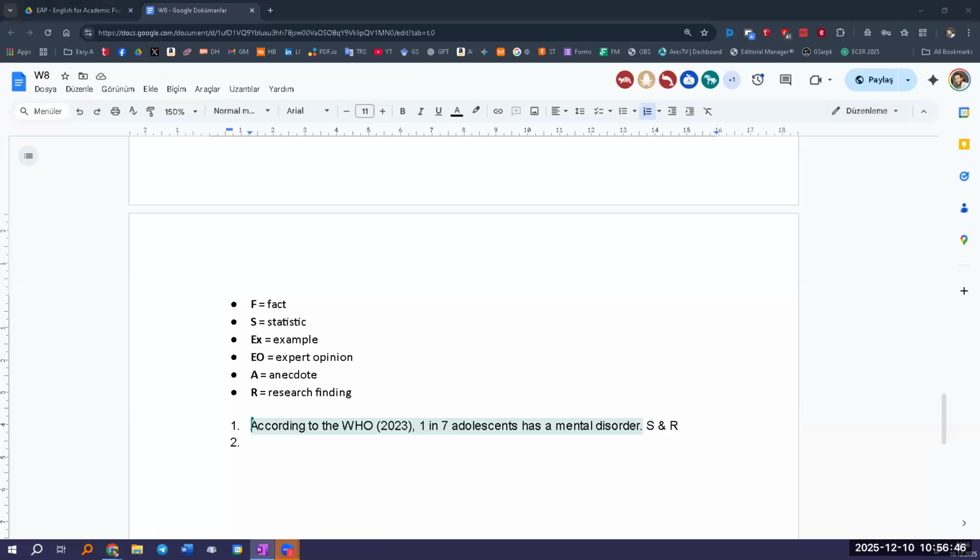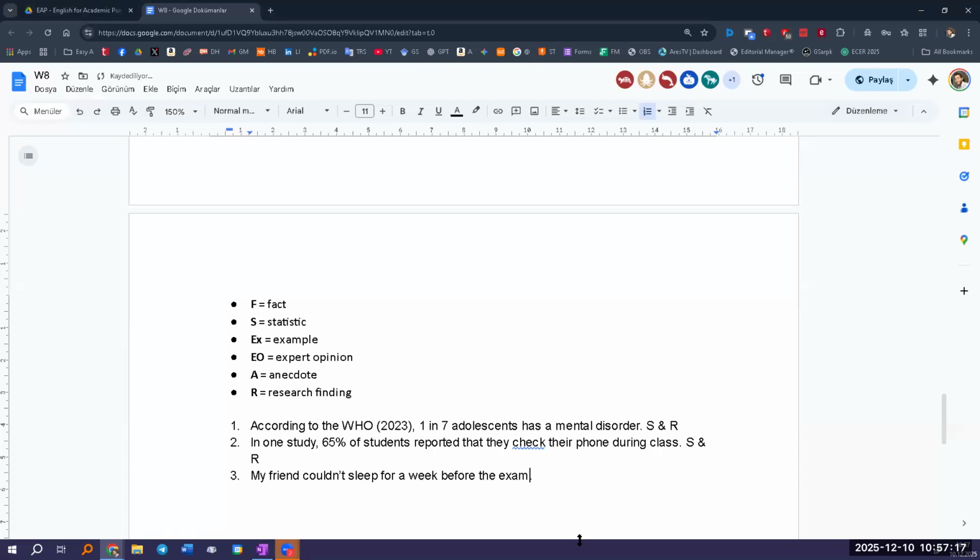The second one, statistic. So if something is a statistic, it must have been coming through a research finding as well. Anecdotes, yeah.